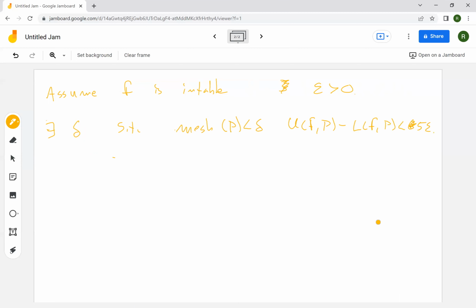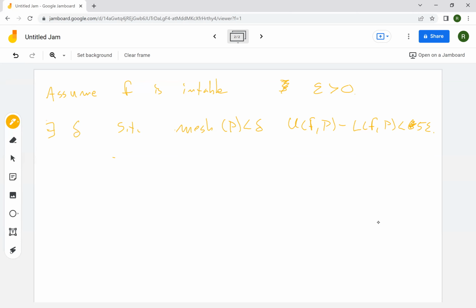Okay, and this of course implies that for all epsilon greater than 0, we can find a delta such that U of f,P minus L of f,P is less than epsilon. We've been doing similar things in this class.